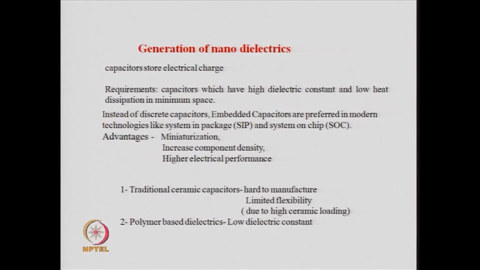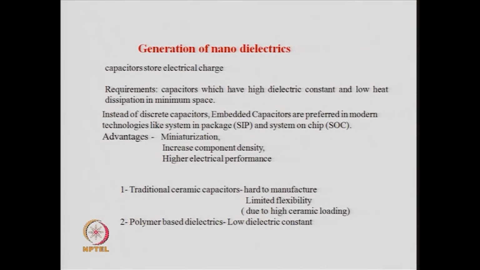Now, the generation of nano dielectrics we have now known. Actually, in the previous lecture we discussed about capacitance and what is the role of the dielectric material, which is an insulator, is to store electrical charges.